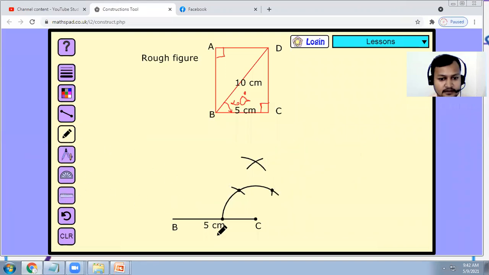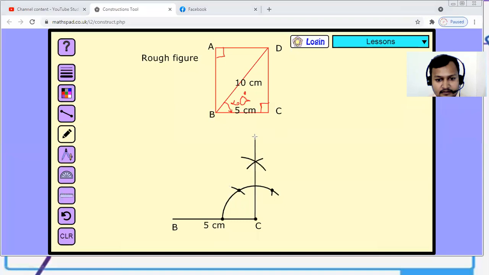Okay, now draw the line segment. This is the line segment which represents 90 degree at point C. We have drawn this line segment representing 90 degree at point C.